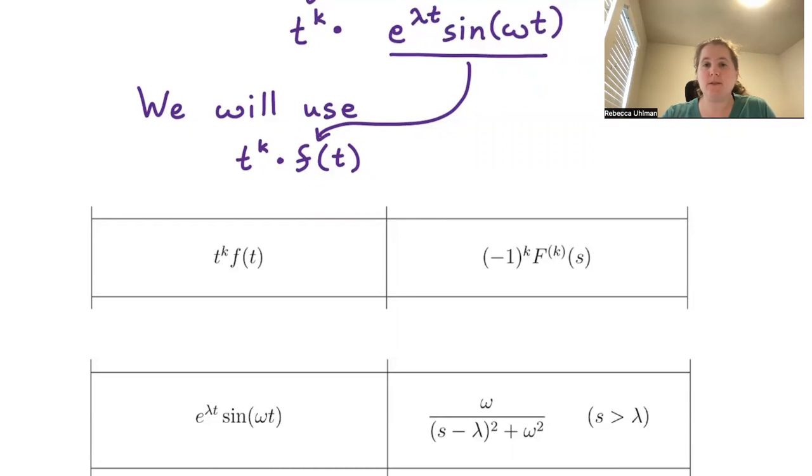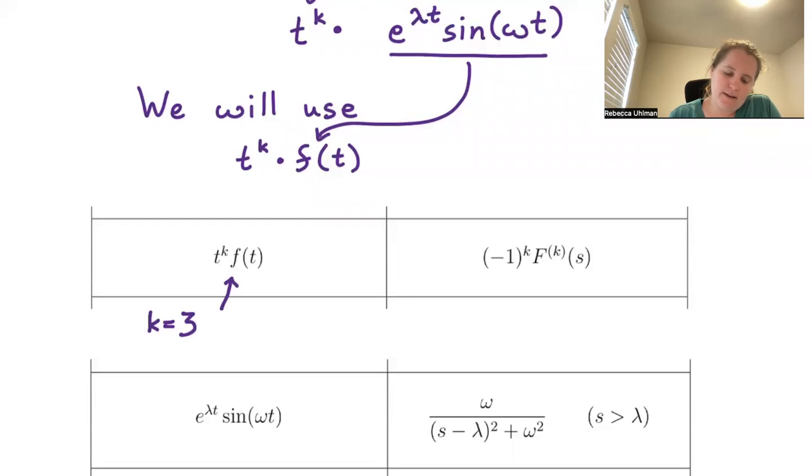Again, here we have our two relevant lines. So for using this first line, t to the k times f of t, we are viewing k equal to 3 since we are doing t cubed.